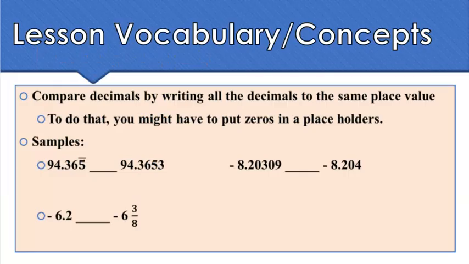So our first example. Here we want to compare the decimals by writing all the decimals to the same place value. When you do that, you might have to put some zeros as placeholders. So here I have 94.365 with the 5 repeating, comparing that with 94.3653.